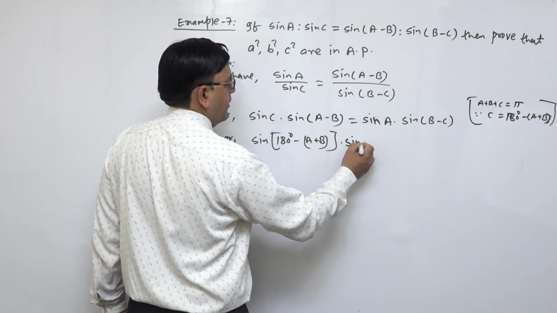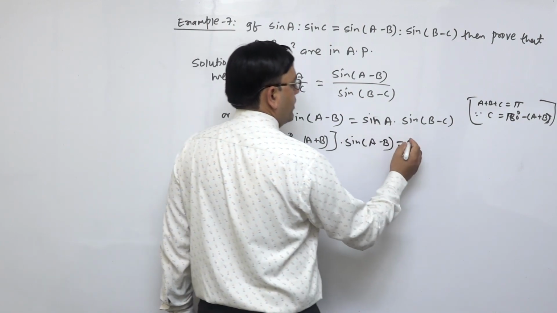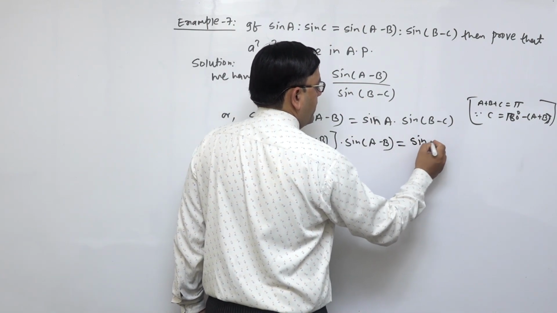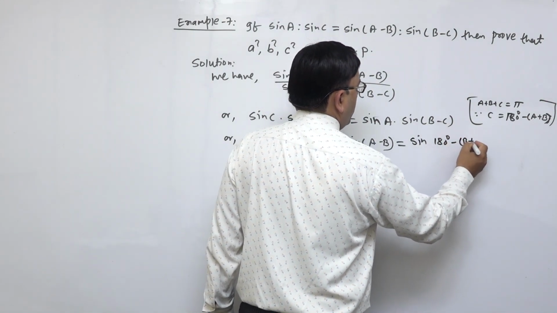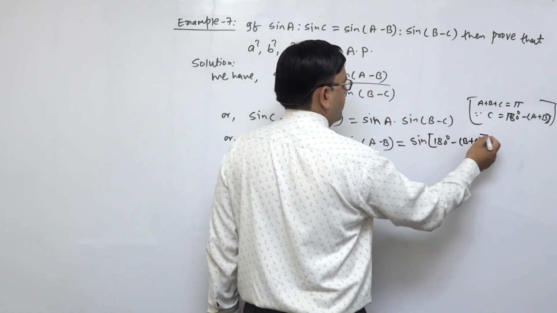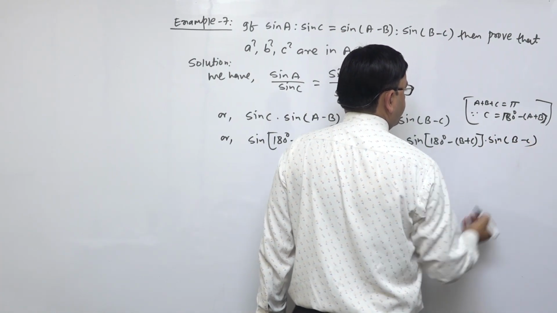Times sin(A minus B) is equal to, here also we can use the same, sin(180 degree minus (B plus C)) times sin(B minus C).